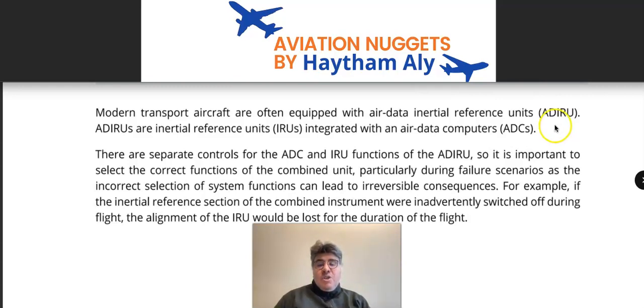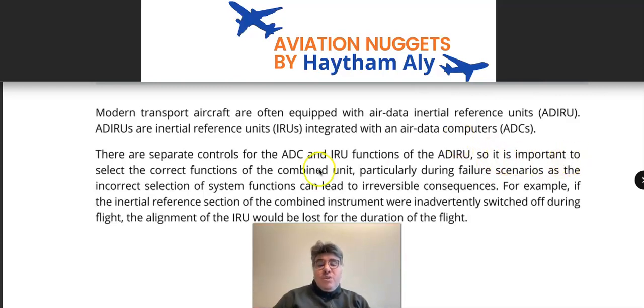Okay, everybody? So there are separate controls for the air data computer and inertial reference unit function of the ADIRU. On the ADIRU control panel, we have switches dedicated for air data part and IR part for each computer. So we may have switches for air data 1, air data 2, and air data 3, or standby air data, and IR1, IR2, and standby IR.